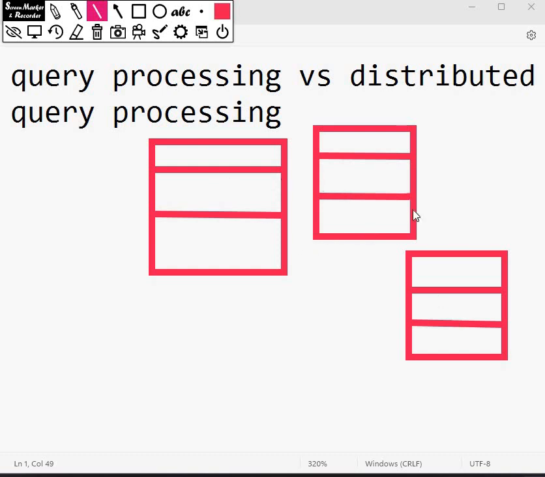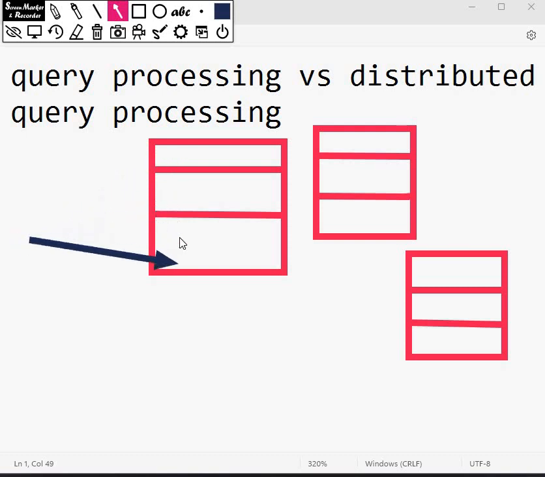These are your different databases, right? And when you submit a query, it's like sending a team of librarians to search for the same book, each in a different building. And these librarians will communicate with each other.